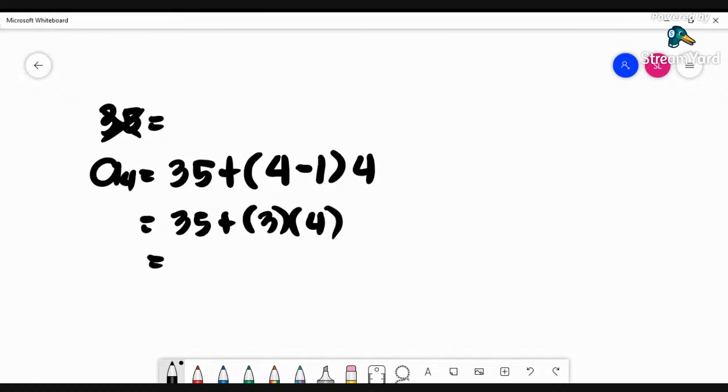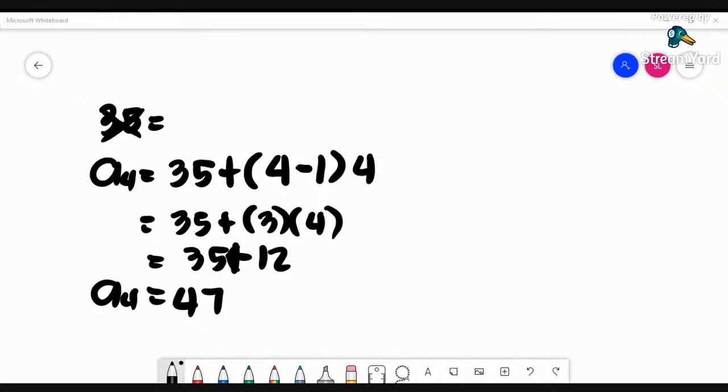So the answer is equal to 35 plus 12, which is 47. So that will be the fourth term given the a sub 1, which is 35, and the common difference, which is 4.